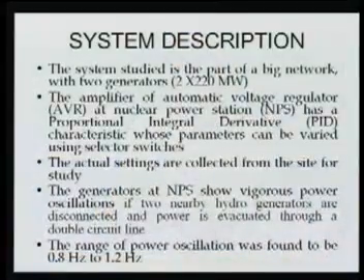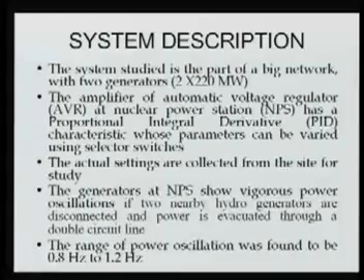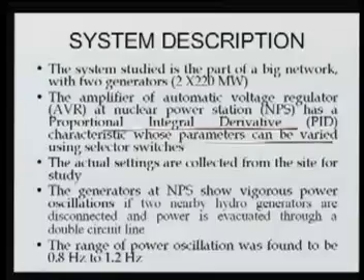The Kaiga power station was equipped with an automatic voltage regulator, that is AVR, with a PID, that is a proportional integral derivative characteristic, whose parameters can be varied using the selector switch. Using the various selector switches, the parameters, that is the gain and the time constant, can be varied.